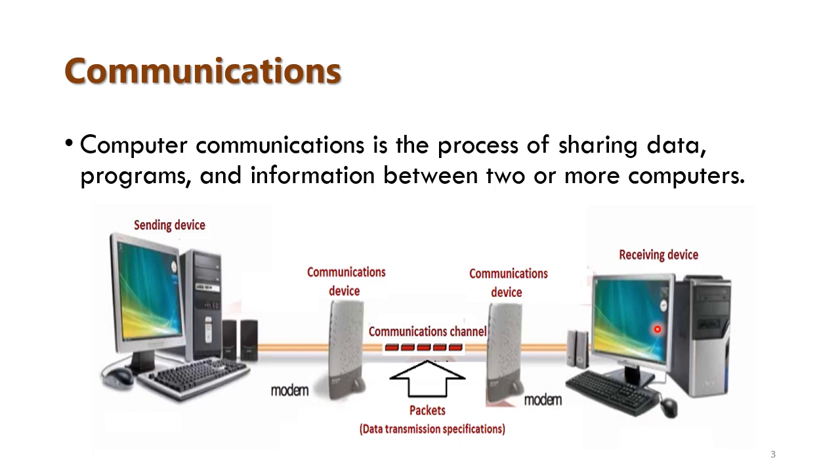As in this picture, you can see the four elements: sending and receiving devices, communication channels. You will learn about the detail of the channels later. Communication device or connection device. And the last one is data transmission specification.